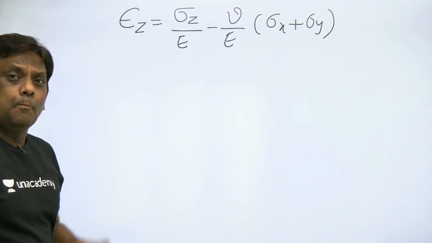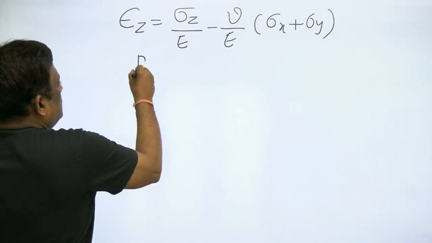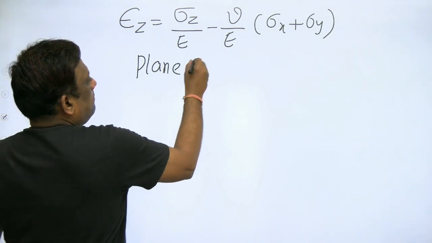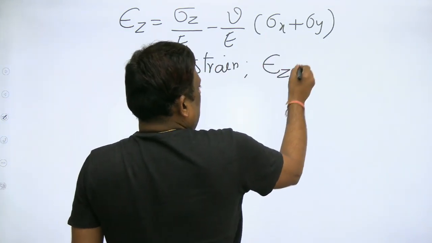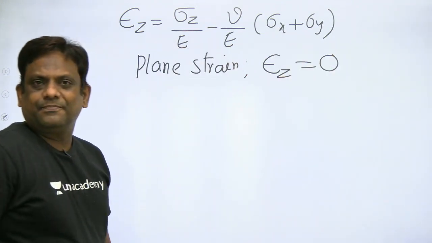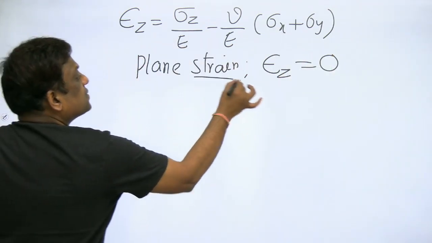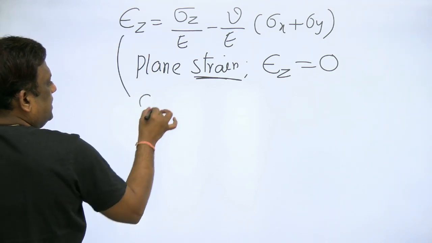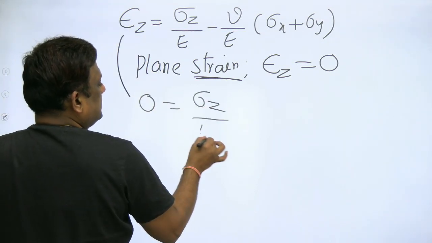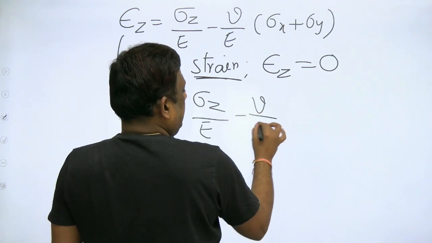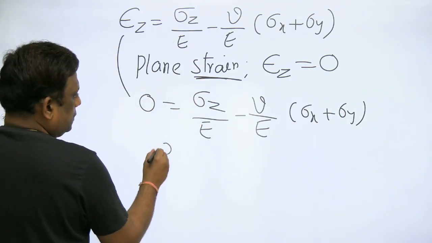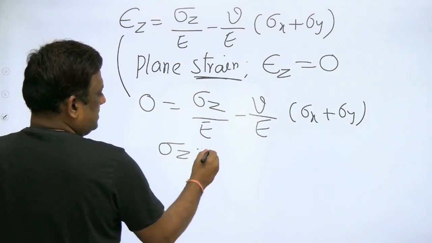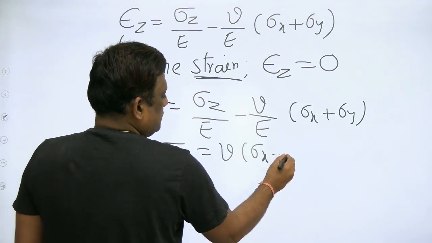For plane strain, one of the strains must be 0. Let us say epsilon z is 0. When this is 0, we have sigma z by E minus nu by E into sigma x plus sigma y equal to 0. So E will go to this side, and sigma z is equal to nu times sigma x plus sigma y.